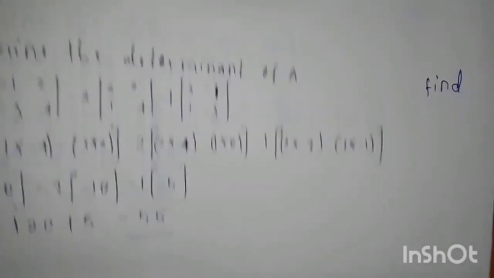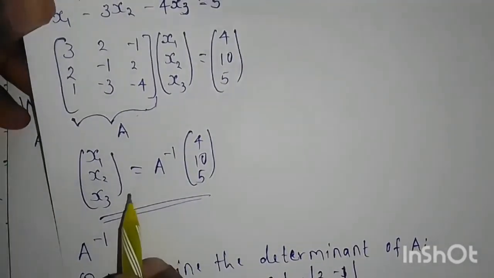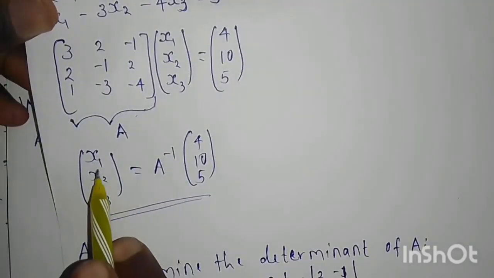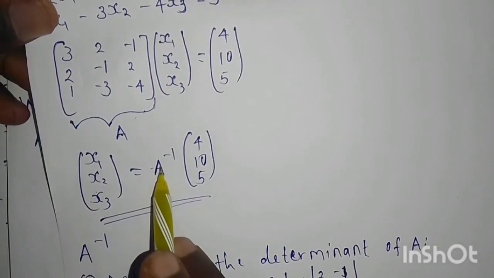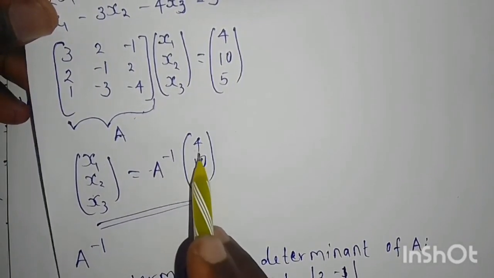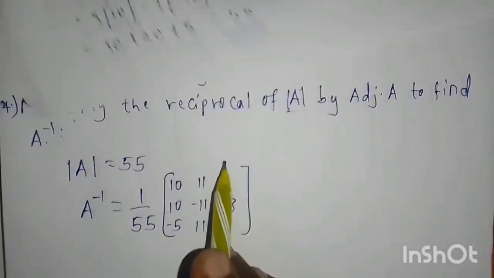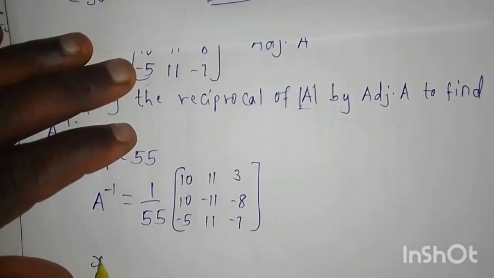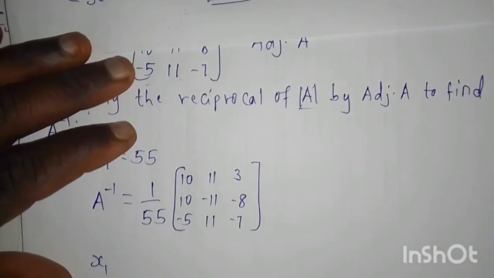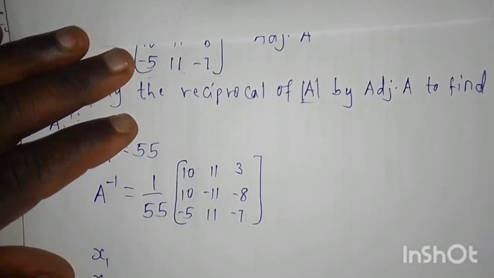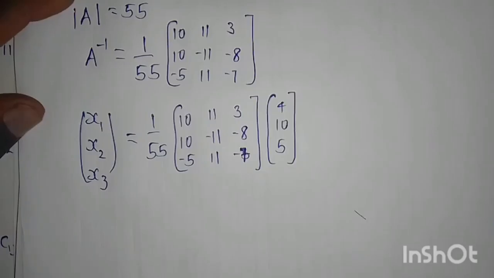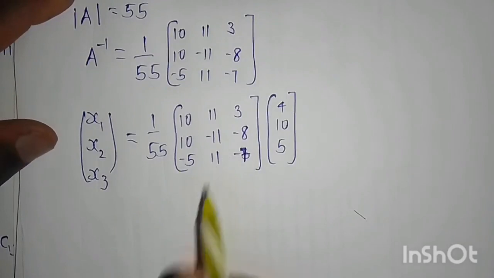If we come to our initial question, we found that the unknowns will be equal to the inverse of matrix A multiplied by this column matrix of constants. So you now rewrite it as x equals this. Now this is our equation, so let us simplify it.